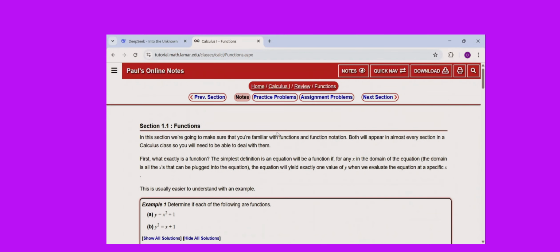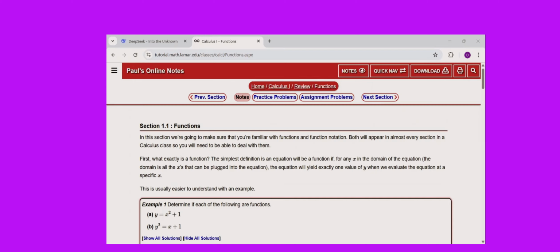Okay, first of all, what do you mean by function? Do you know what is a function? Anyone? Okay. First, what exactly is a function? The simplest definition is that an equation will be a function if for any f of x, for x in the domain of the equation.